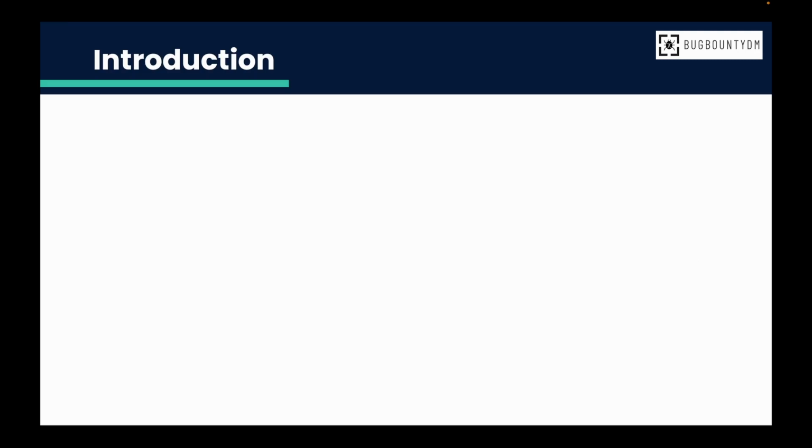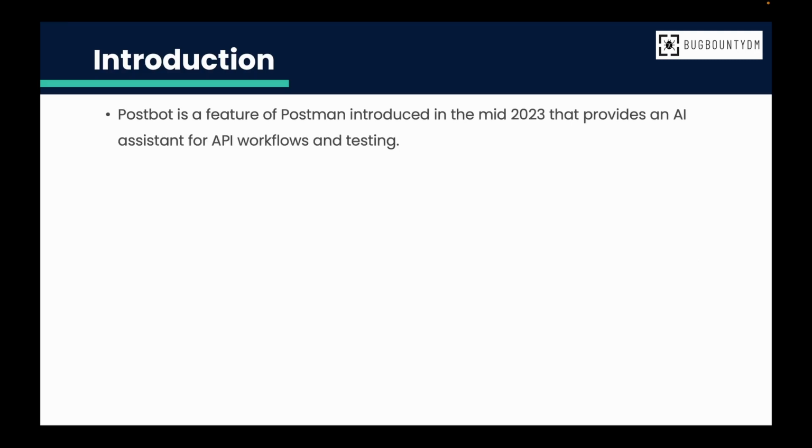Okay. So let's first discuss what Postbot is and when it was launched. Postbot is a feature of Postman introduced in mid 2023 that provides an artificial intelligence assistant for API workflows and testing.